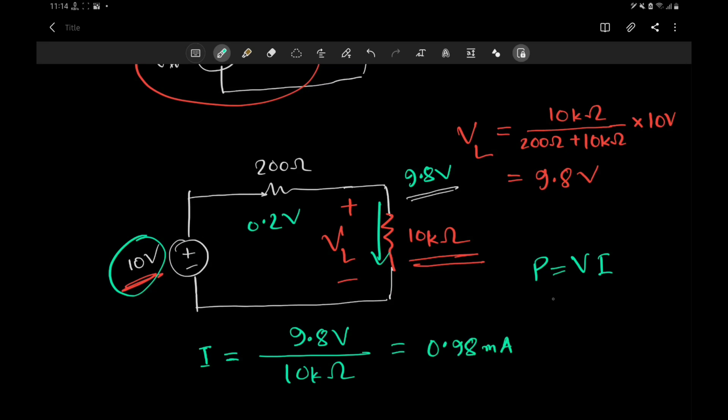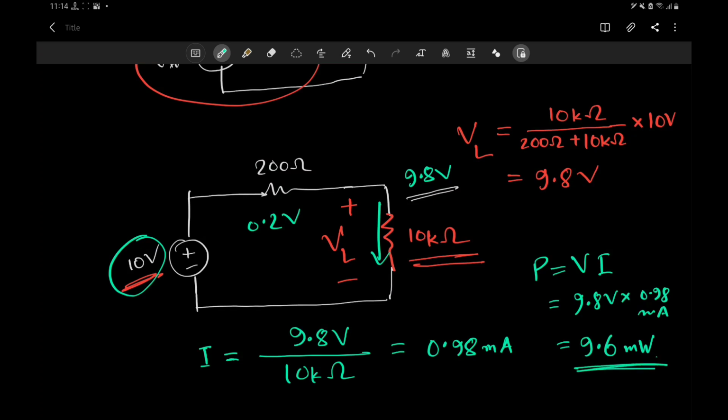Using the actual values, 9.8 volt times 0.98 milliampere, the whole thing turns out to be around 9.6 milliwatt. So this is our actual power.